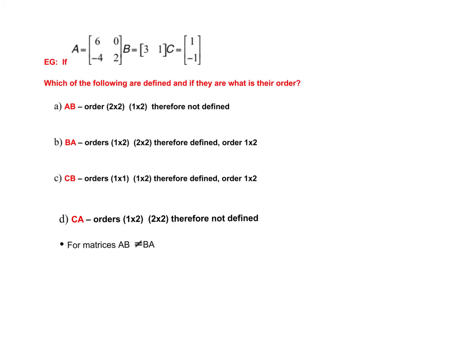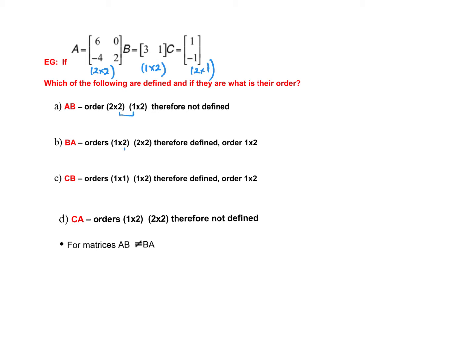All right, here's A and B. In matrices it comes in really handy to always pop the orders underneath the matrices. So this one's a 2 by 2, this one's a 1 by 2, and this is a 2 by 1. They're asking which of the following are defined. A times B is not defined.